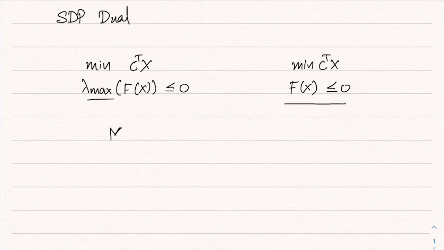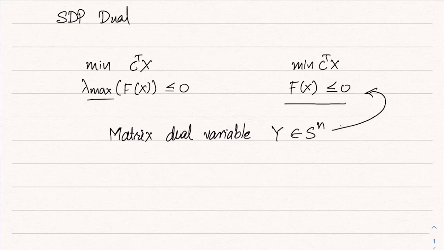In particular, we will consider the matrix dual variable. So instead of a vector dual variable or a scalar dual variable, we will consider a matrix dual variable, which is Y, which is a symmetric matrix, and it is associated with this constraint.